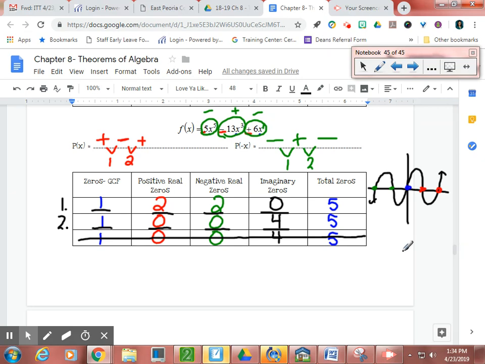Whereas the bottom one, number 2, you're going to have 4 imaginary roots. So maybe it looks something like this. I guess I probably need to curve one more time. So this is the only root you would have. The rest would all be imaginary. So that's the point of this, and to help narrow down your P's and Q's when you have a whole bunch of them that aren't quite as nice as the ones that we've been doing.